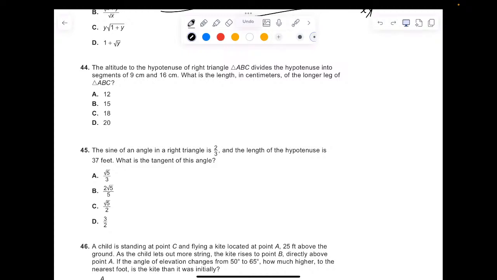Man, I just am not reading the question apparently. Divides the hypotenuse into segments 9 and 16. What is the length in centimeters of the longer leg?